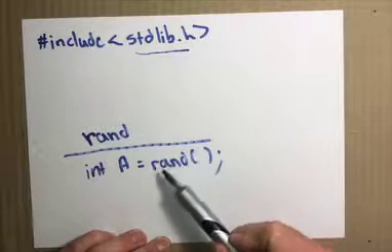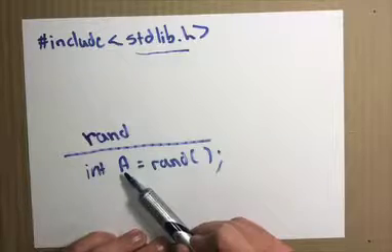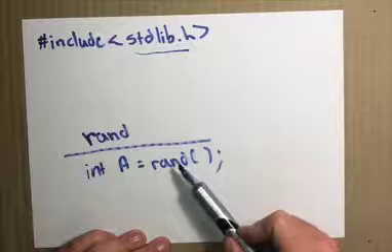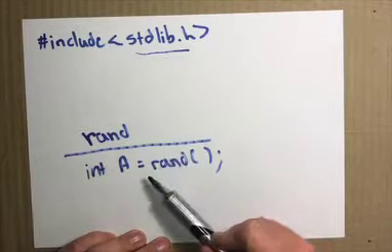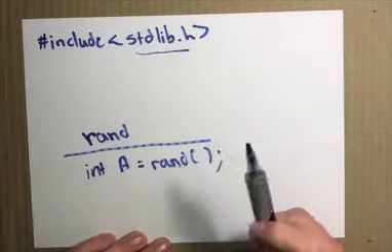So this function will use a certain algorithm to determine a number for a. But as we said, if it's an equation, it won't give us actually a random number, because a computer can't just generate something from itself.